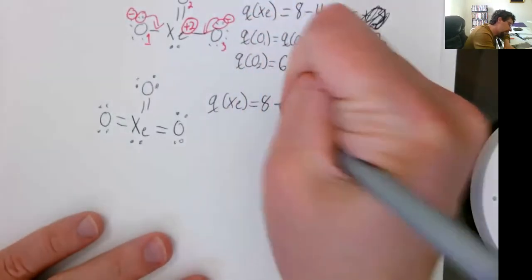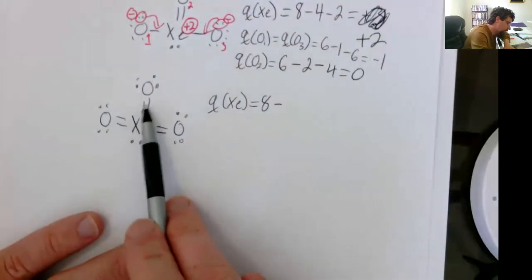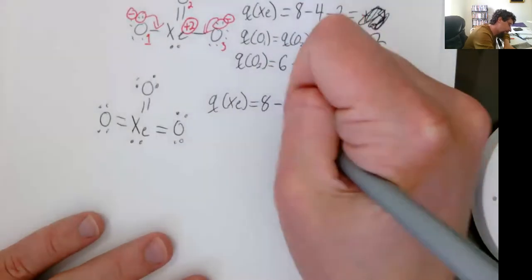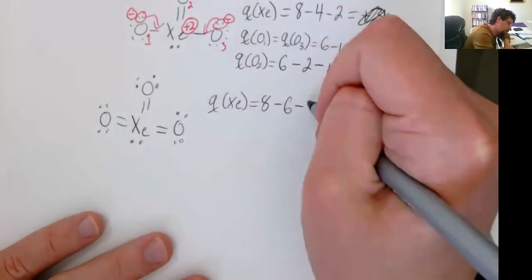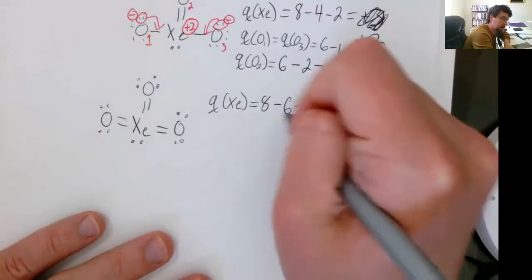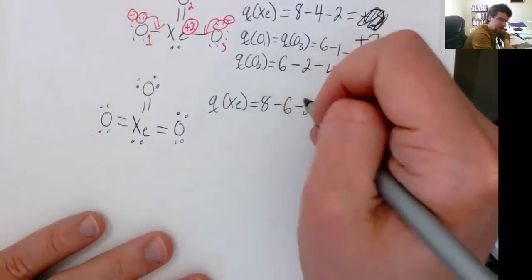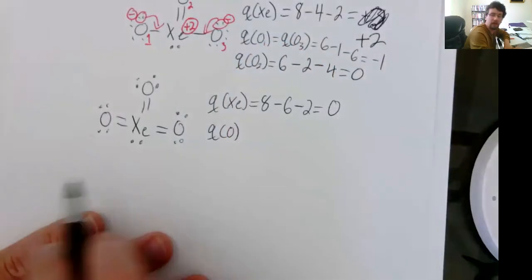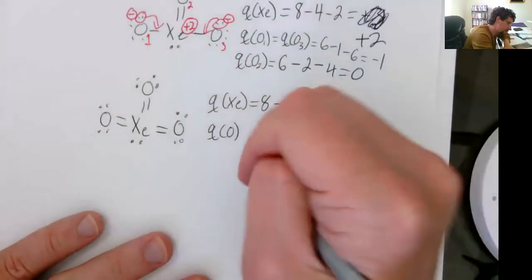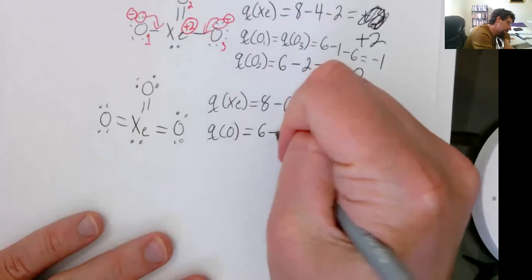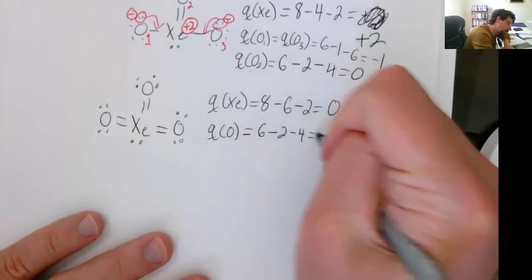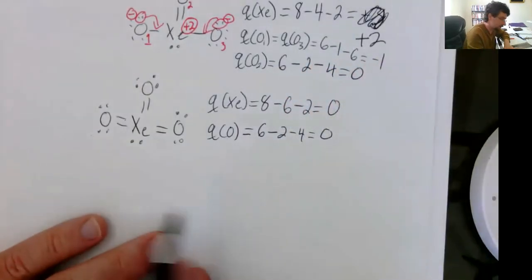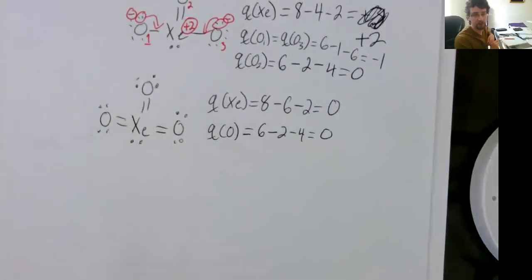So we get 8 minus the number of bonds, 1, 2, 3, 4, 5, 6, minus 2. That totals 8 minus 8, so 0. The oxygens, we could look at them each individually, but they're under the same environment. We get 6 minus 2 minus 4. We end up being at 0. So this is a quality Lewis structure.